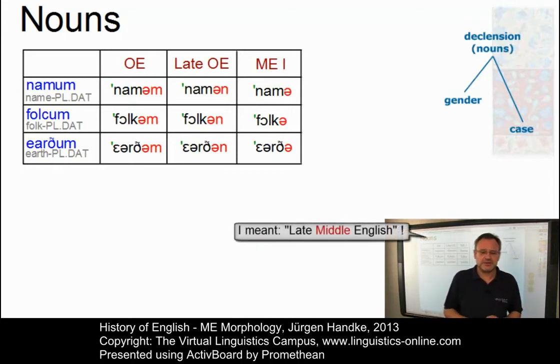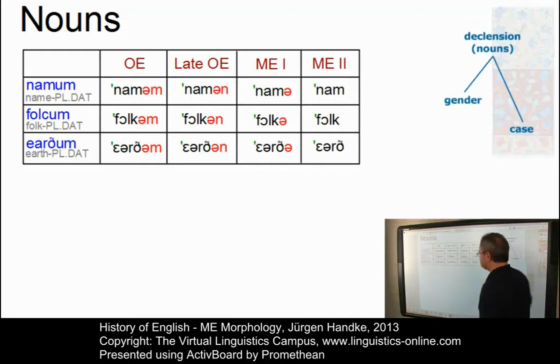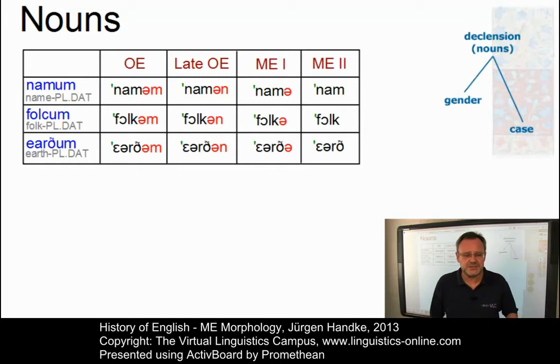And by late Middle English, the final vowel had also disappeared. So the eventual results were nam, folk and erth, though in many cases in spelling the final e was not dropped.